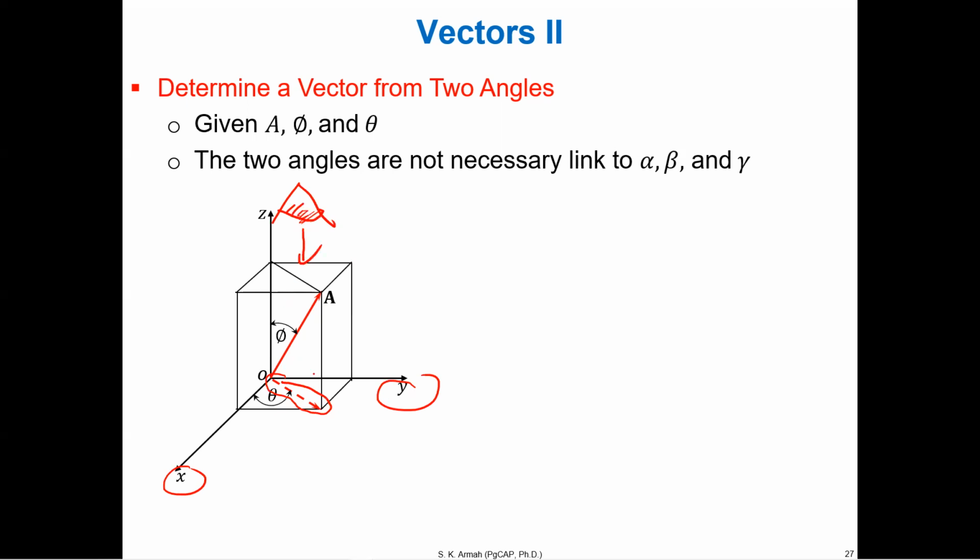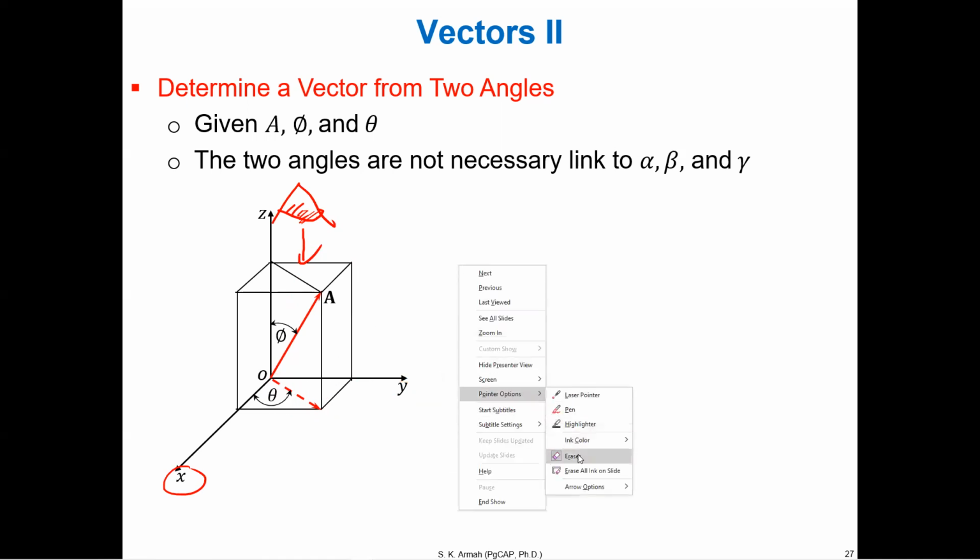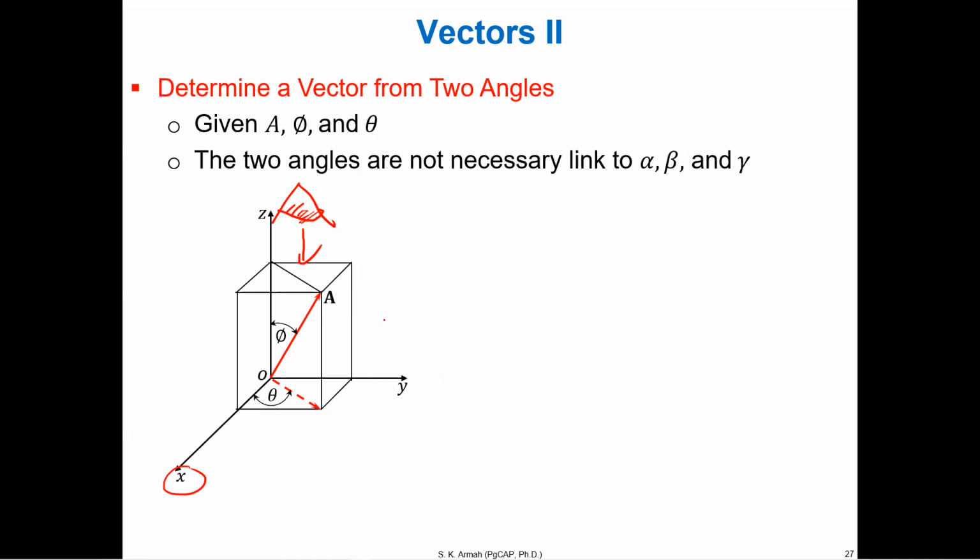If I'm looking down on this and I project this onto this surface, I'm going to get this line, and that's why I've drawn it in dashes. So this is the projection. Let me call this one A prime.